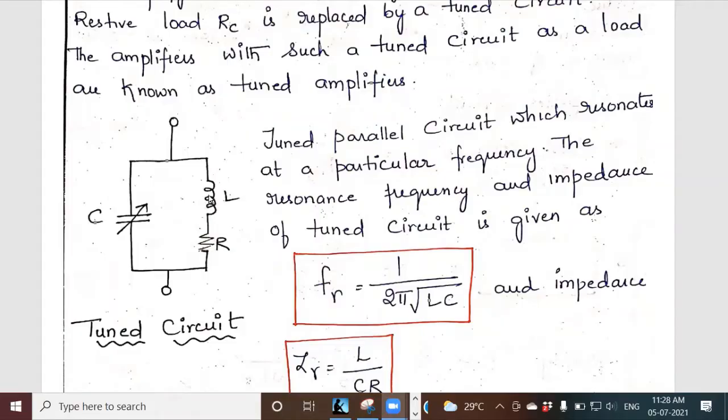Sorry, I repeat, practically the inductor has some series resistance, represented by R. The winding resistance in the inductor, ideally we neglect, but practically it has some value, we are calling it R. So the parallel combination of L and C, we will take it as L with R, where R represents the internal resistance of the inductor, then the capacitor C.